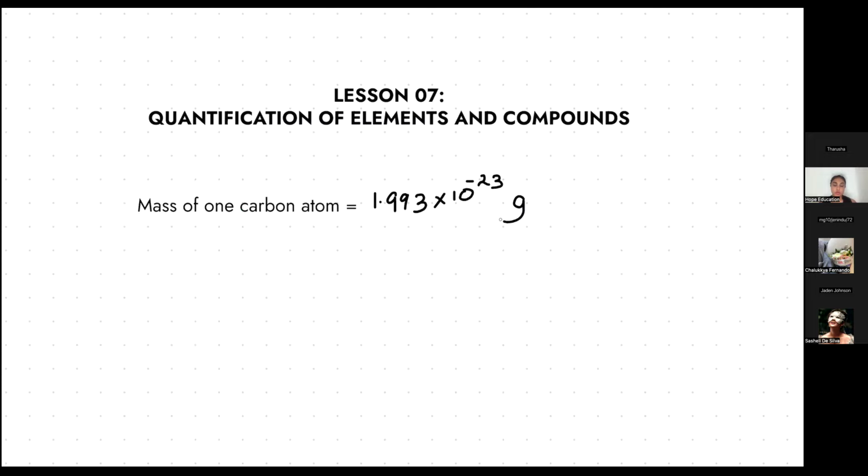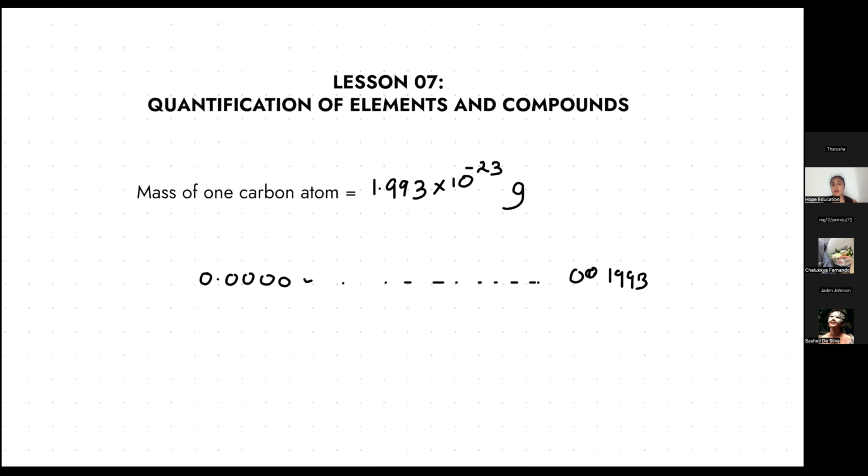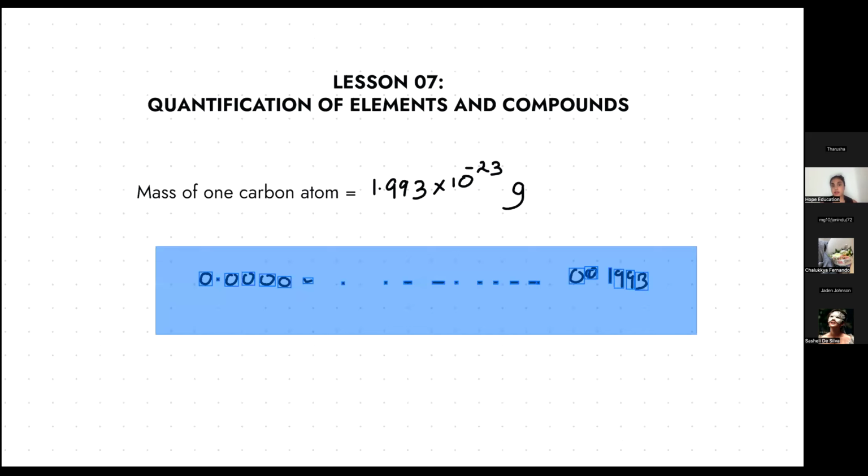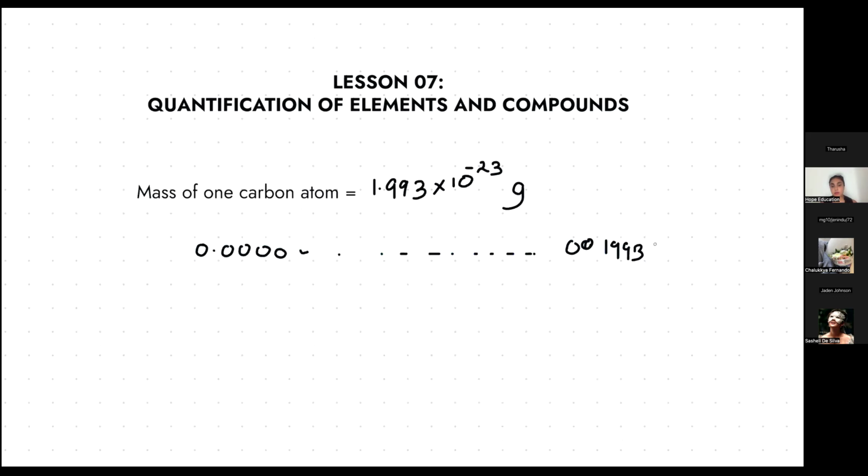It is so small, 0.000 with 23 zeros and then 1993. That is an extremely small mass, right? This is just an example. So this is the mass of one carbon atom.